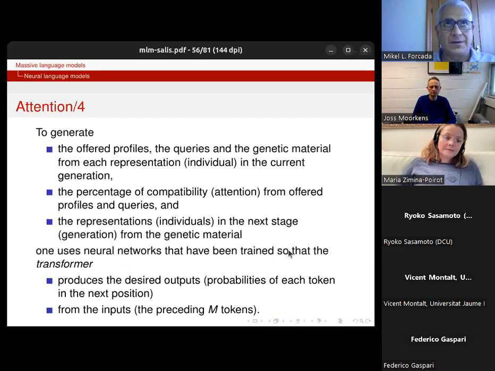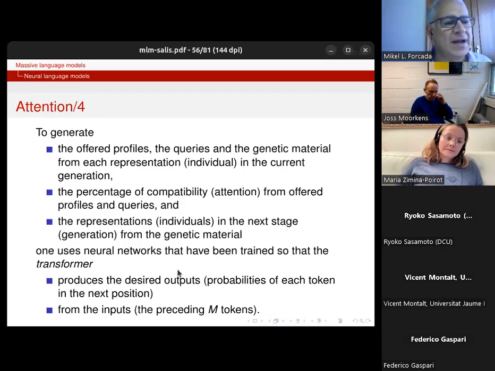To embody this in a neural net, the offered profiles, the percentage of compatibility, the profiles, queries, genetic material, and representations of individuals from the genetic materials are all generated by neural networks, which are trained so that the whole transformer, the whole 12 generations of 2048 individuals, end up producing the desired outputs, which is the probabilities of each token in the next position from the inputs.